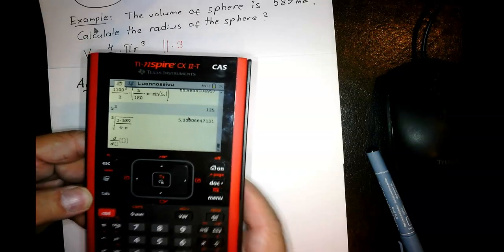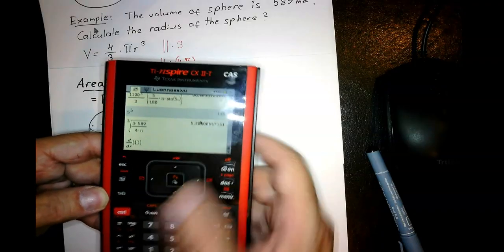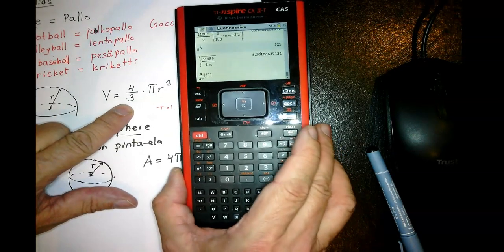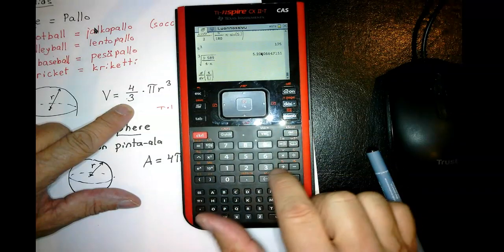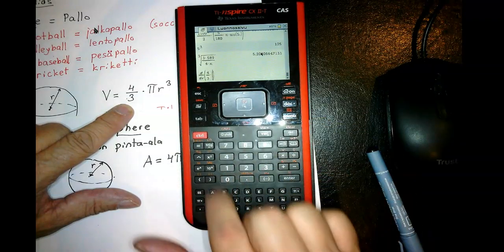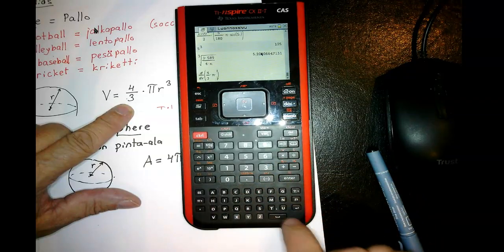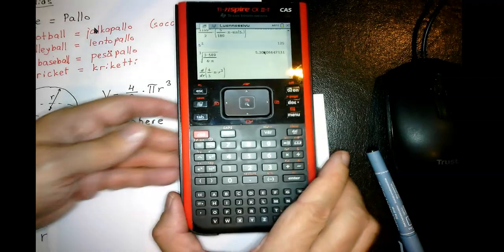And I will show you. I will differentiate this expression here: 4 divided by 3 times pi times r raised to the power of 3.